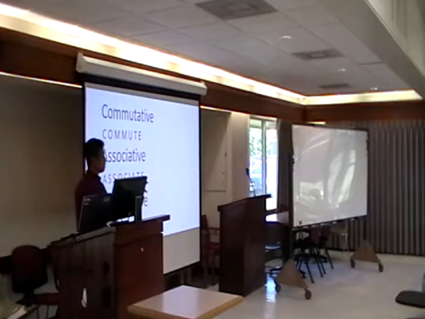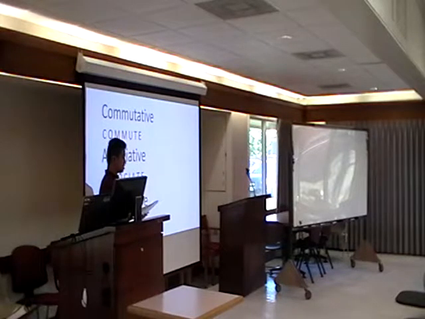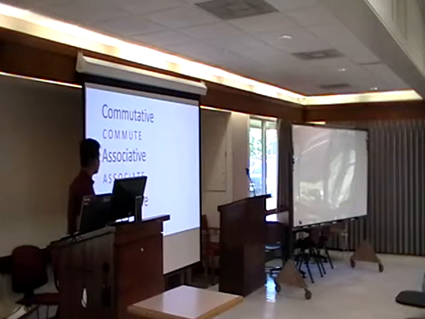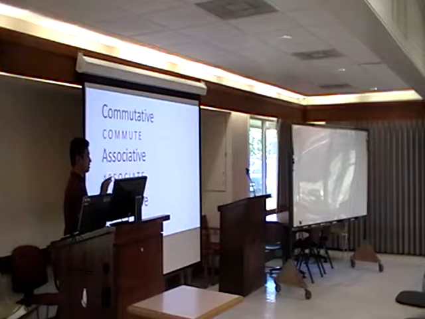If you can see in your papers, write down the word that corresponds to the definition. So, again, commute means a regular journey of some distance to and from work. You can see in the drawing, there's a train. To and from work, equal distance, that means commute.